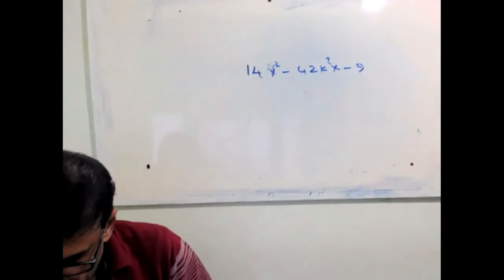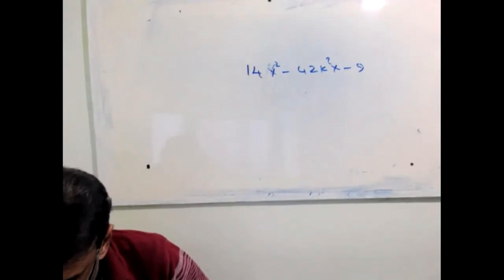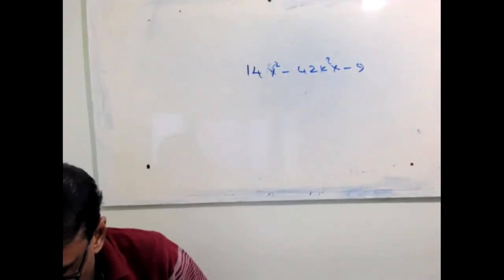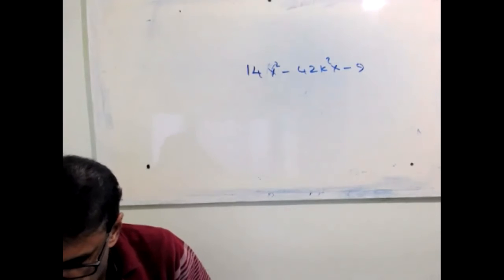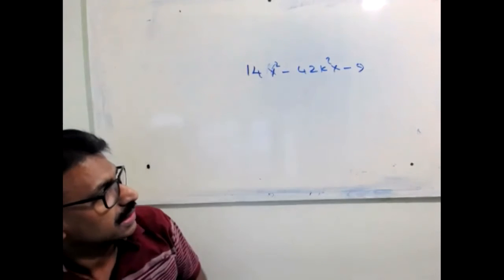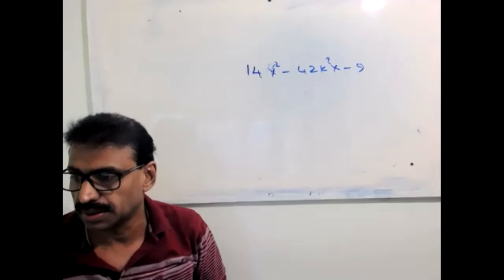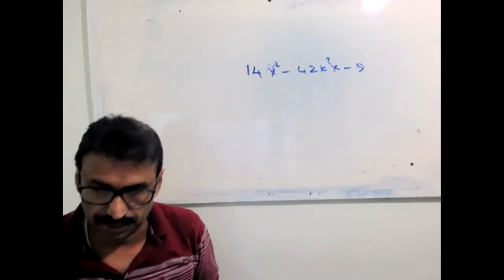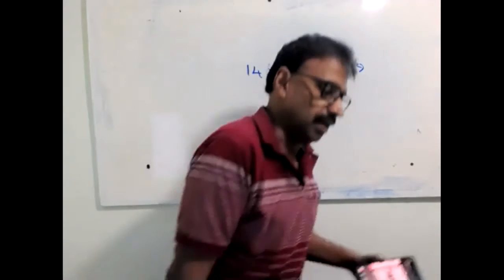Question again. If one of the zeros of the quadratic polynomial 14x square minus 42k square x minus 9 is negative of the other, find the value of k. Negative of the other means what? Alpha and minus alpha.